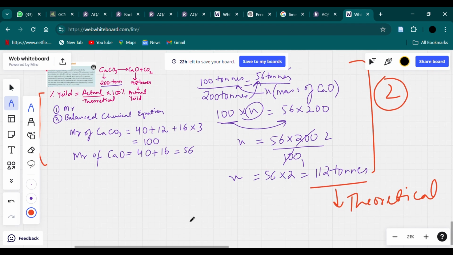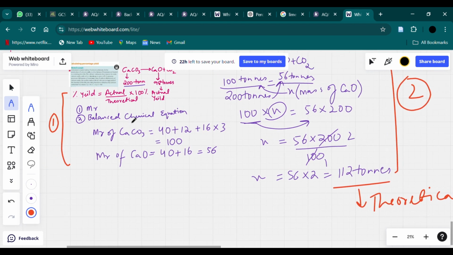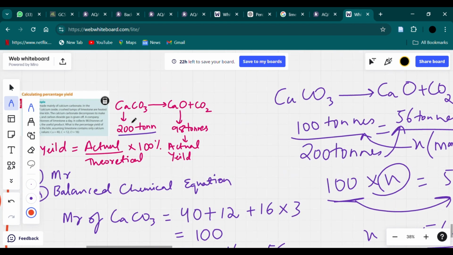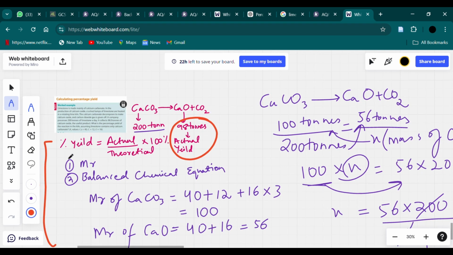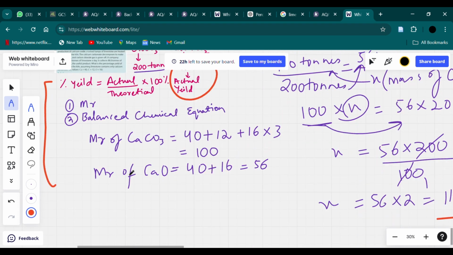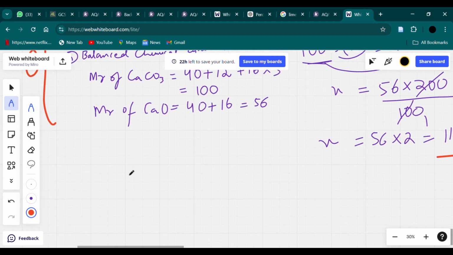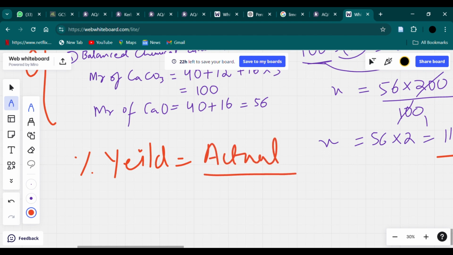Now we will put the theoretical yield and the actual yield that has been given to you in the question into the formula. So here the formula is percentage yield is equal to actual yield divided by theoretical yield multiplied by 100.